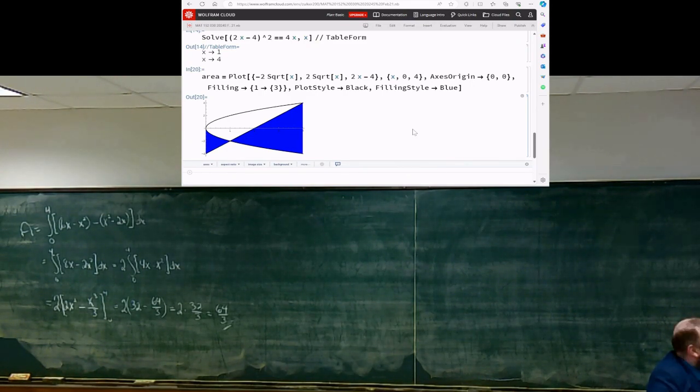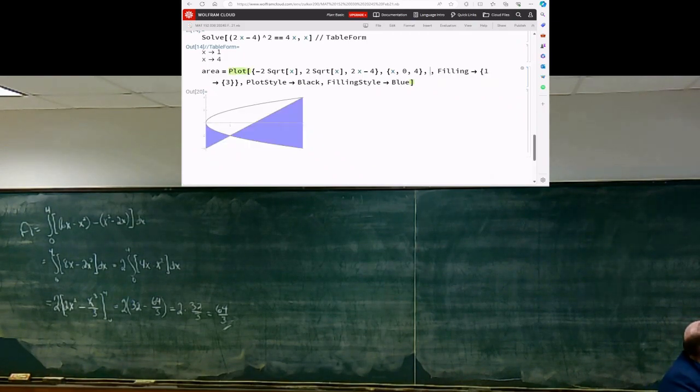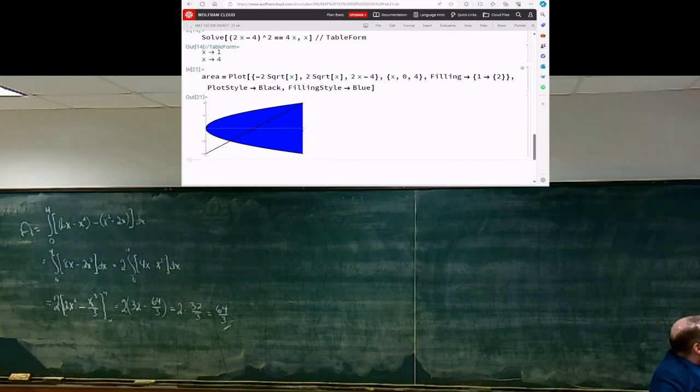So that would be 1 to 3. I actually don't need the axes origins in there anymore. We did 1 to 2. We get that.